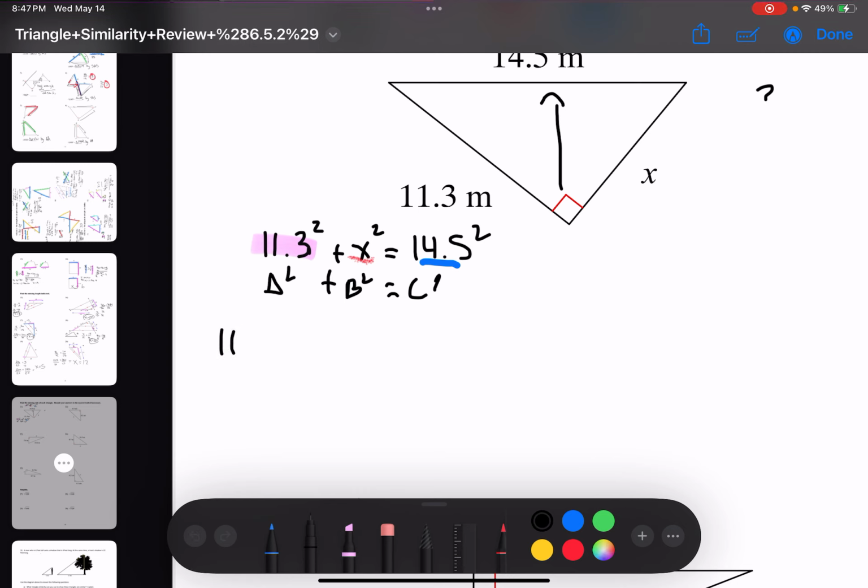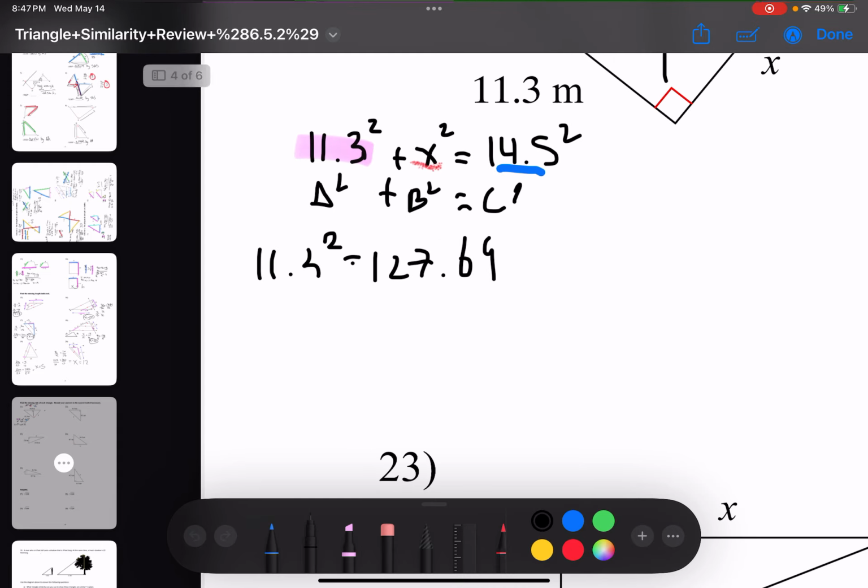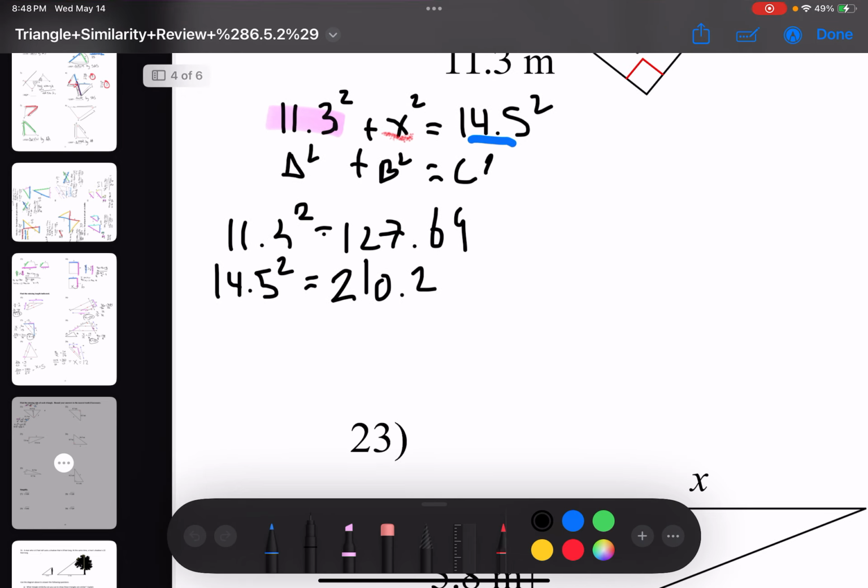So 11.3 squared is equal to 127.69, and then x squared, obviously we don't know, and then our c squared, 14.5 squared is equal to 210.25.